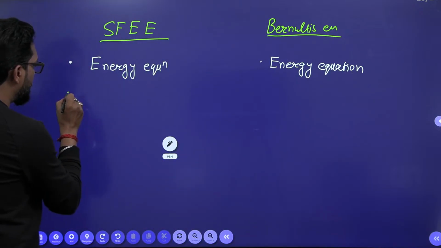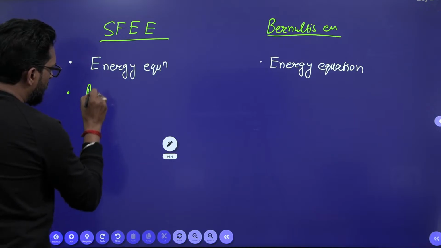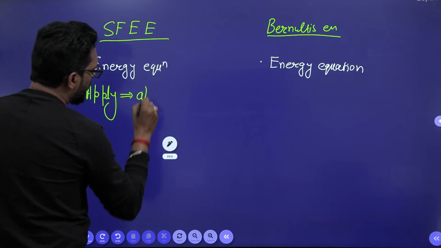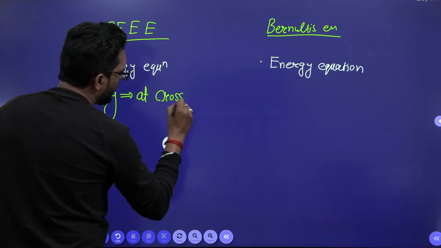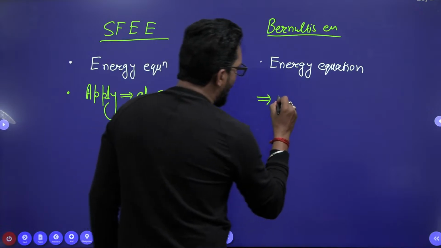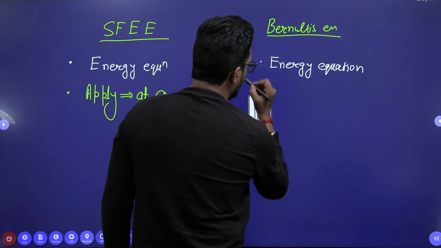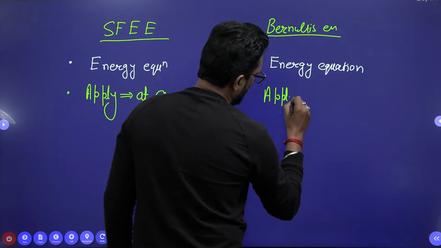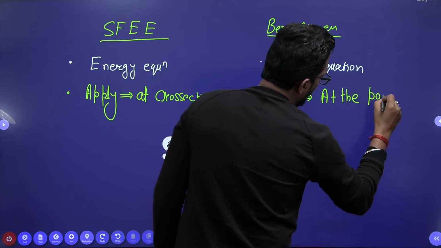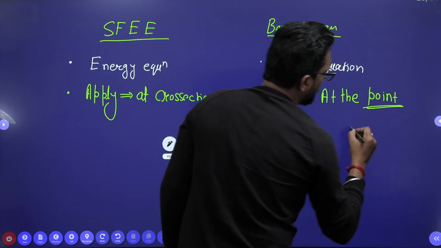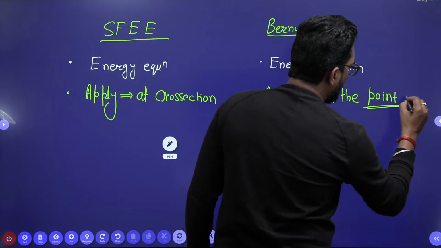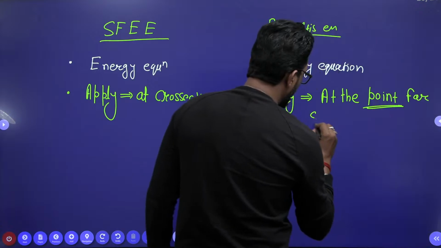The main difference is that the steady flow energy equation is applied at a cross section, and Bernoulli's equation is applied between points, at a point for a single stream.